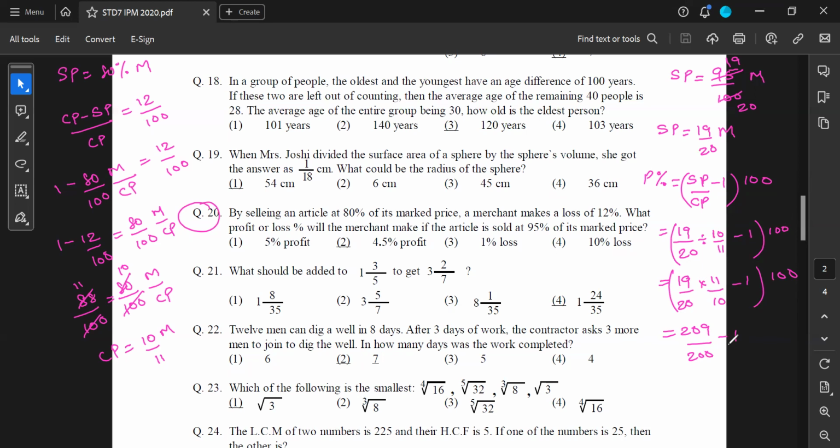So when I take 200 to the other side, I can write this as 9 divided by 200 multiplied by 100 again. That will directly give me 9 upon 2, which is nothing but 4.5 percent, which is my profit percentage. That's my correct answer.